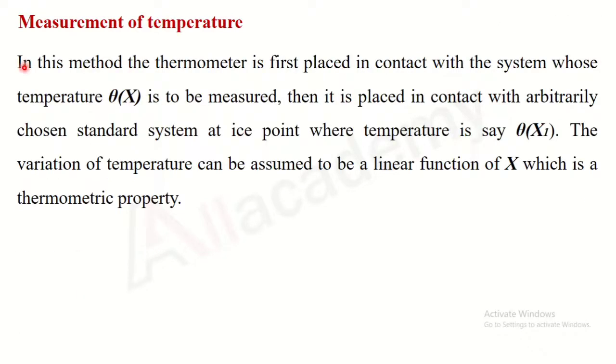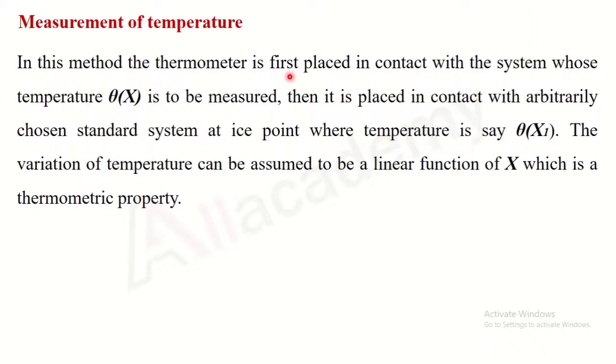Now in the two fixed point method, first the thermometer is placed in contact with a system whose temperature theta x is to be measured, that is the unknown body temperature.